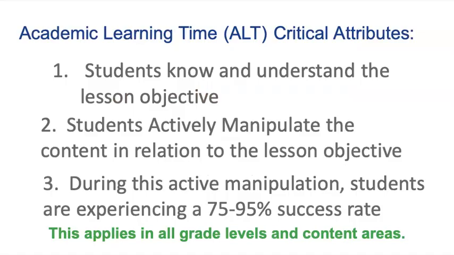When we talked about academic learning time, we said that we want to make sure our students are being successful. In fact, we want to make sure they experience success at a 75 to 95% success rate. When we are teaching our students in their zone of proximal development, they are more likely to be successful.